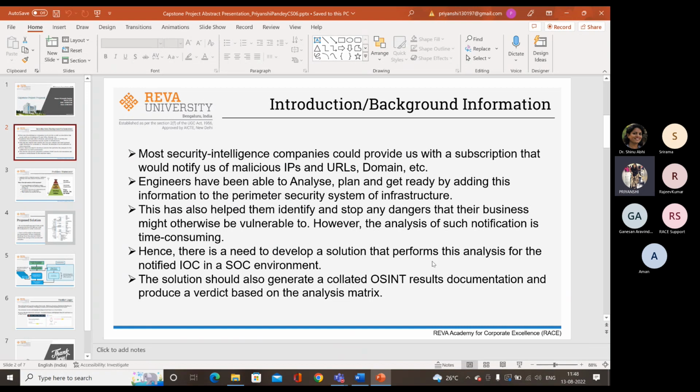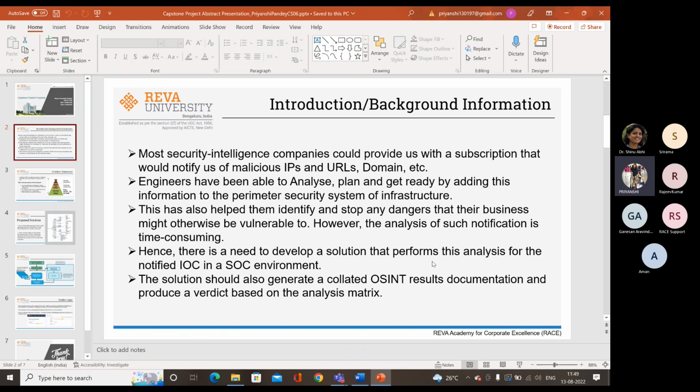As an introduction and background, a lot of security intelligence companies provide us with tools that notify us of malicious IPs, URLs, or domains. For example, FireEye and Splunk generate an alert that alerts us on tools like Swimlane, ServiceNow, etc. And it notifies us with the malicious IP, URL, domain, or multiple kinds of IOCs.